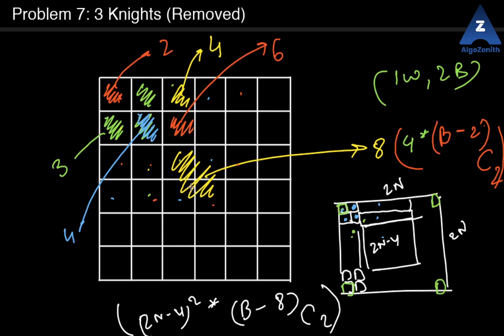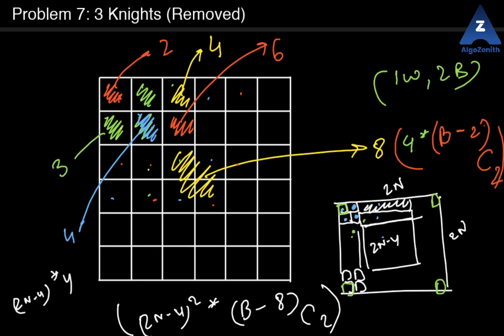So if you count all of these, you will get the total number of ways. In all of these, if you place one white, how many blacks are left, you have that count b minus that many, and you can take choose 2. So you just need to keep track of all these numbers. Like there are 2n minus 4 square number of cells like this. There is exactly 2n minus 4 times 4 number of such squares.